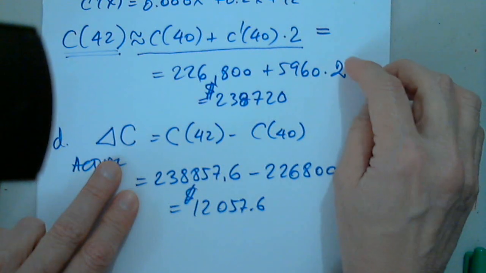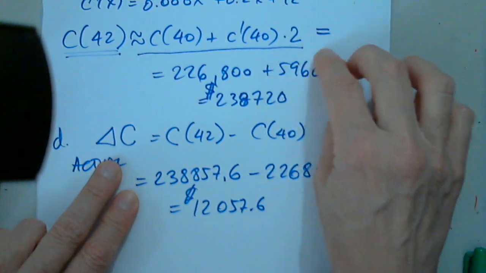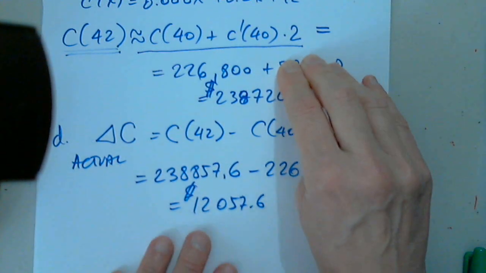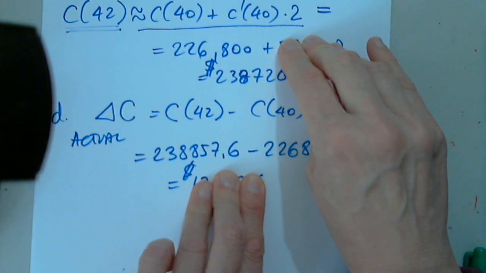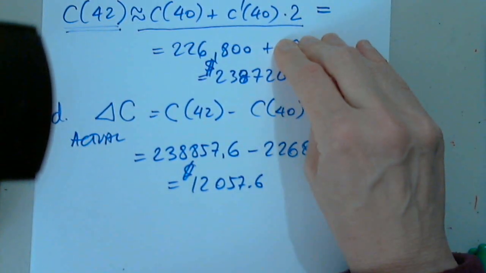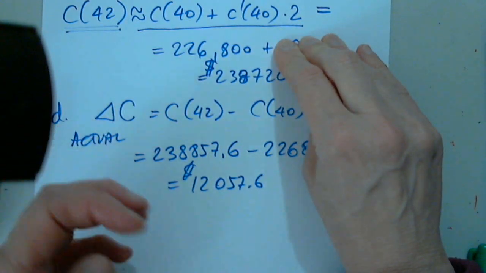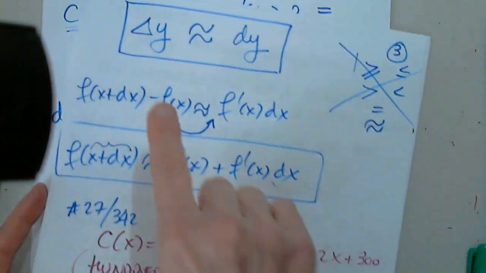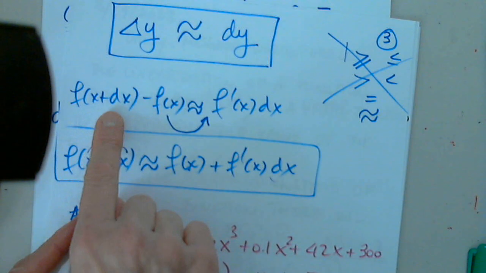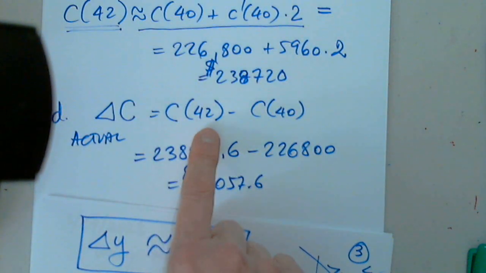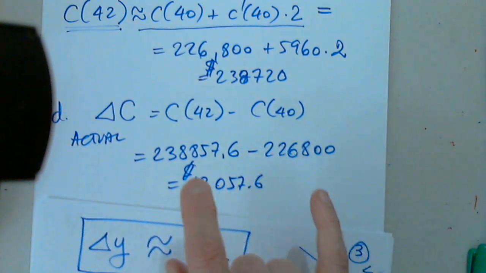So this piece is the estimate, and this is the actual. Just this piece is the estimate error, and this is the actual error. How do I determine the actual error? The actual error is C of 42 minus C of 40.